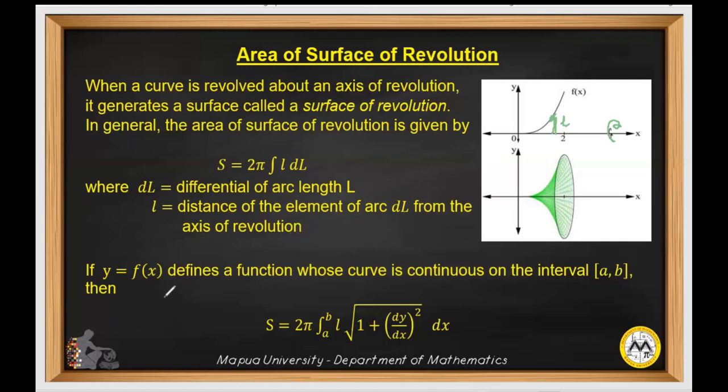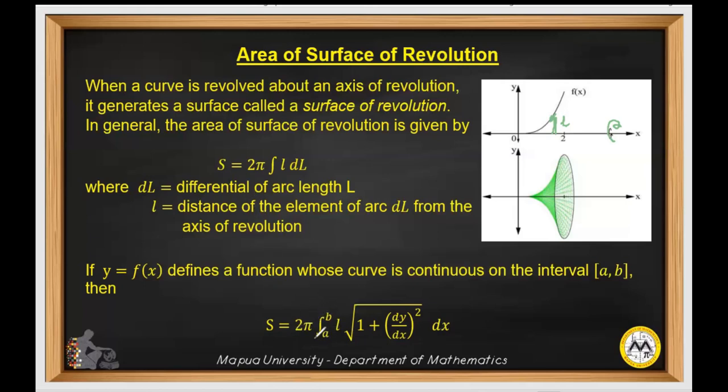Now, the first formula is when y is equal to a function of x, which defines a function whose curve is continuous within the closed interval from a to b. Take note that the differential of L when y is a function of x is the square root of 1 plus the square of the derivative of y with respect to x, from a to b.